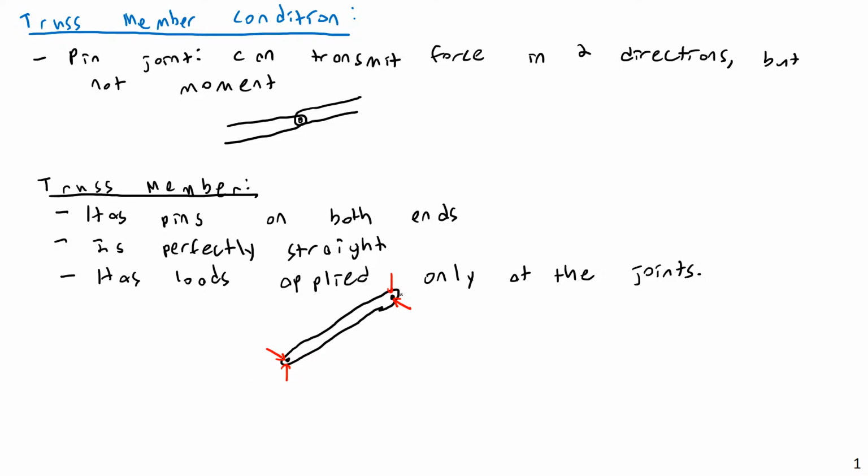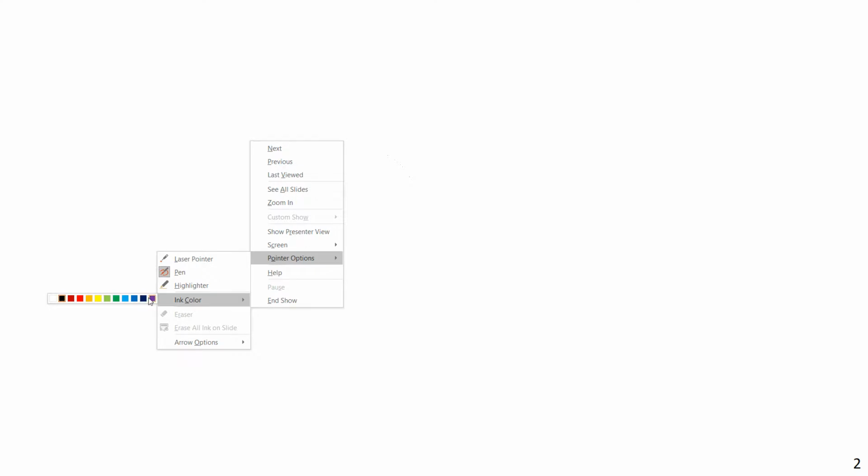So if you remember from previous discussions, if something is going to be in equilibrium, it must be in equilibrium about any axis of our choice. So just like we did when we looked at the two-force body, I'm going to look at this along a local axis. So I'm going to look at a truss member where it is aligned right along the x-axis. So maybe I'll go ahead and draw an x-axis here. Actually, maybe I'll do the axis in purple and the member in black.